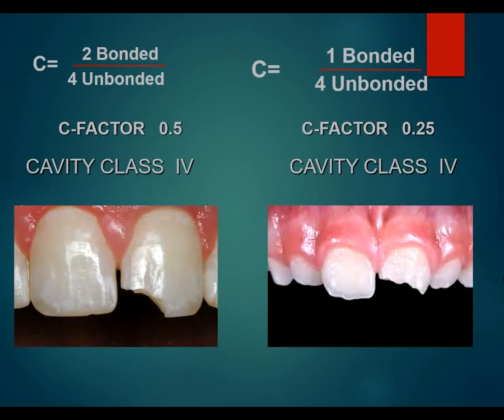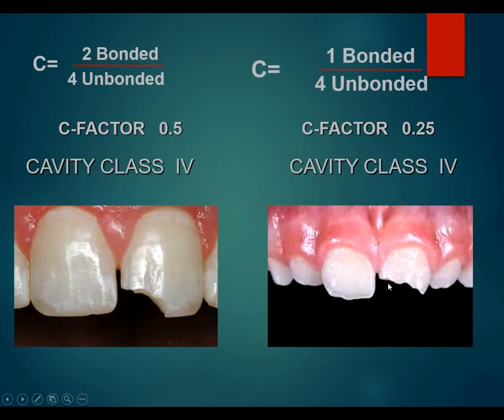As you can see in the picture on the left side, there are only 2 bonded surfaces, which are the floor of the tooth, pulpal floor, and mesial distal proximal wall, and the unbonded surfaces are 4, which are buccal, lingual, incisal, and proximal. So it has 0.5 C factor, and if the class 4 cavity is in this form, then it will have only 0.25 configuration factor, which is very less.